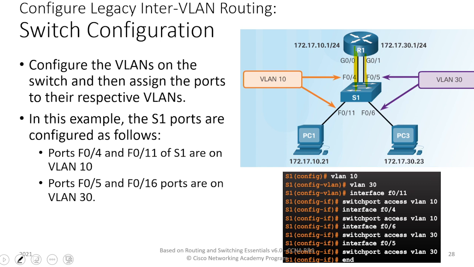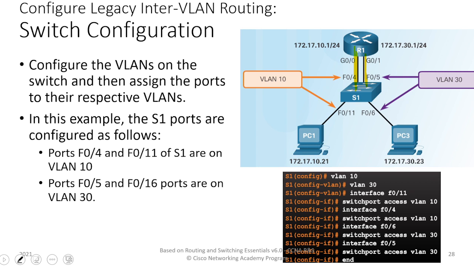For example, here we have PC1 and PC3 belonging to VLAN 10 and VLAN 30. So interface 11 is VLAN 10, interface 6 is VLAN 30. That is on the device side of the switch. Then for the connection to the router, interface 4 is going to be configured for VLAN 10 and interface 5 is going to be configured for VLAN 30.